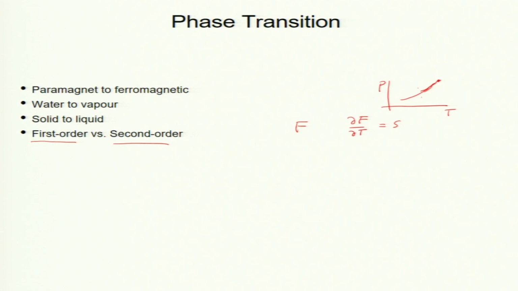I am not sure whether you heard about this or not before. Here, if I go from liquid to vapor, the vapor phase and the liquid phase, I go like that, there is no change in density, but here there is a change in density. This point is called the critical point, and here, since density is not changing or entropy is not changing, this is a second order transition.